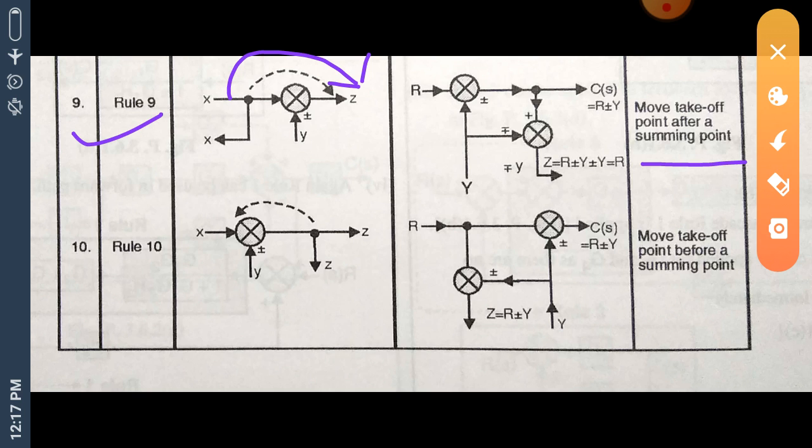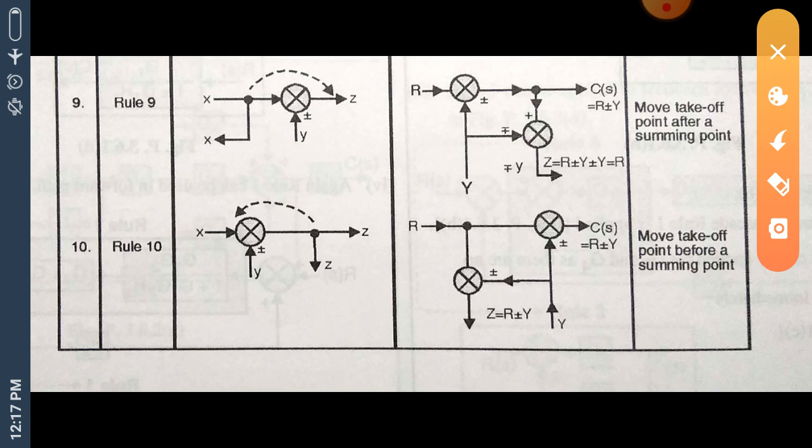To do so, we have to add a summing block in the path of X, where we will be able to get the same equivalent equation.